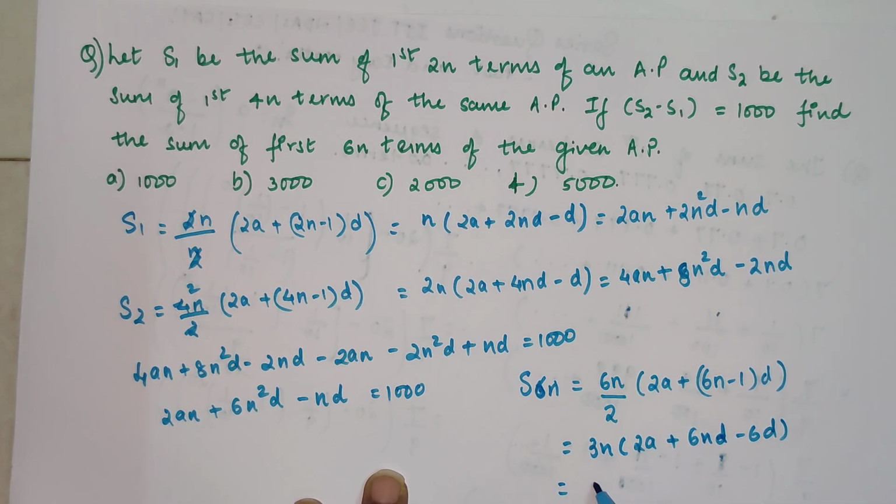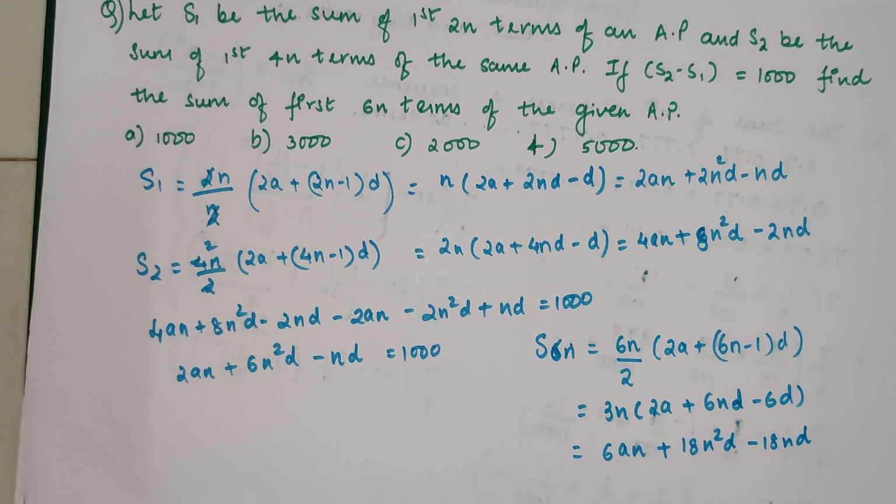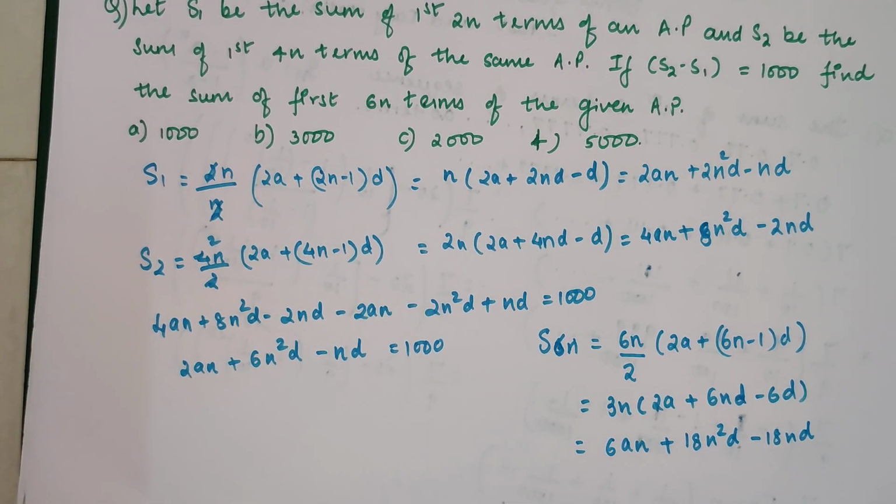So this will now become 6an + 18n² d - 3n d. Sorry, this will become 3d, this was just d.